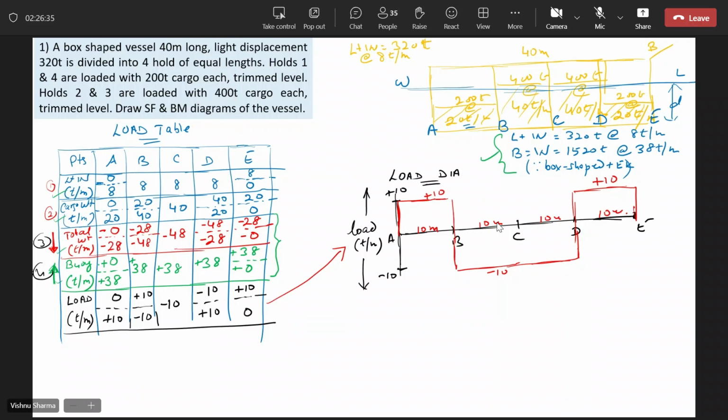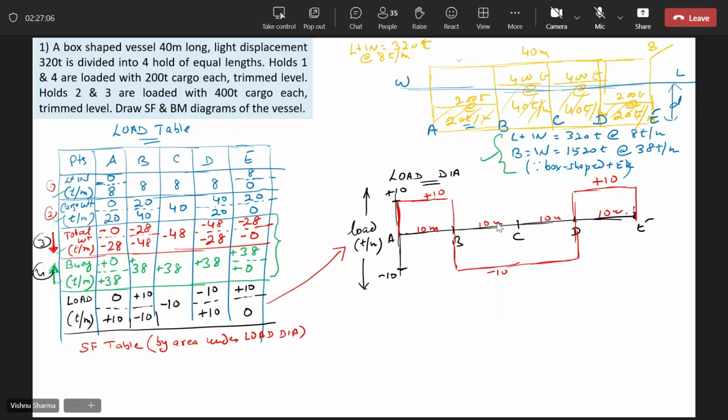Yes, sir. Now we'll make the SF table. Now the job of the load diagram and the box shape diagram is done. Now we'll make the SF table by looking at the load table, and what am I writing? By areas under the load diagram. Guys, the same rule applies as from SF to BM.